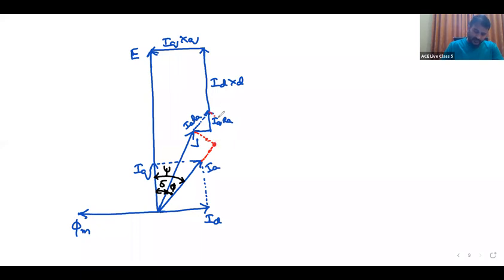Of course, this is IARA. Now I am dividing this: extend this point to here, and again extend like this.